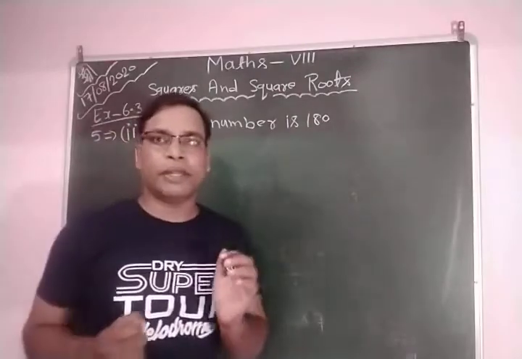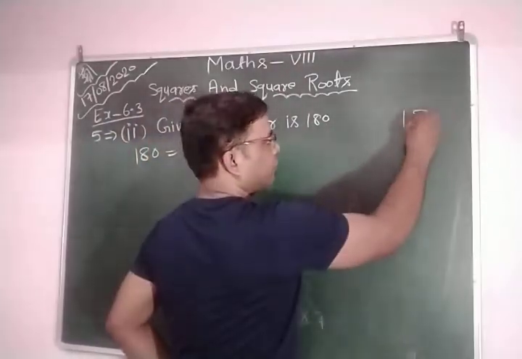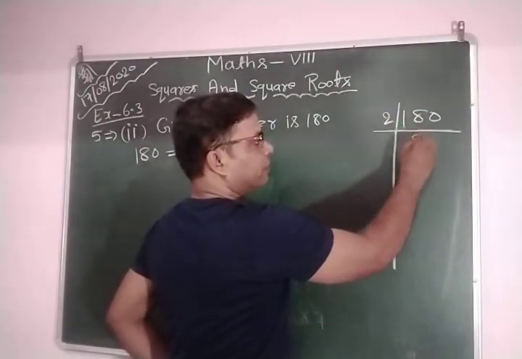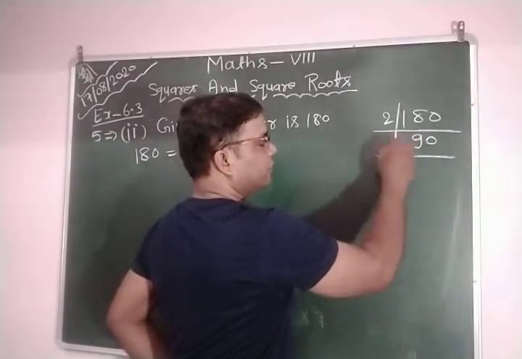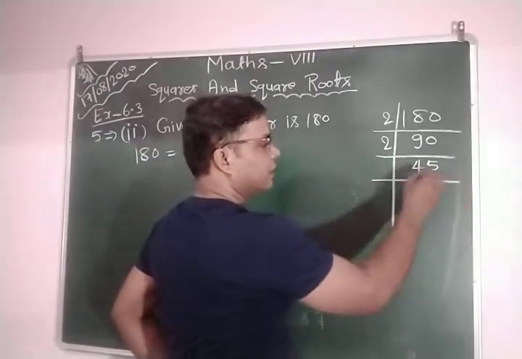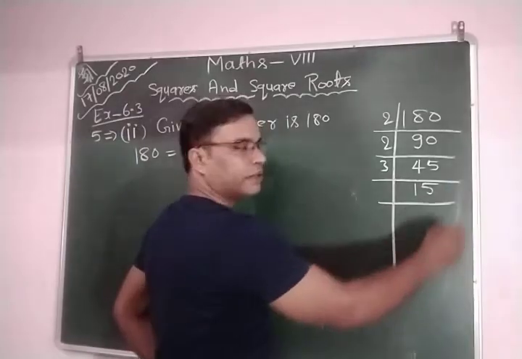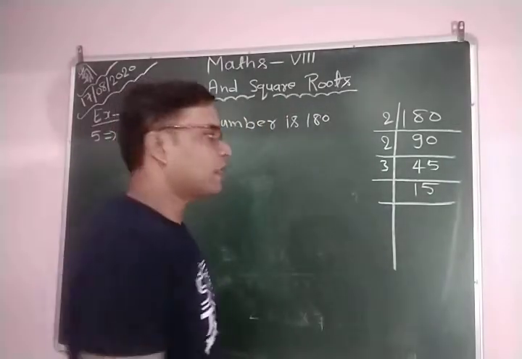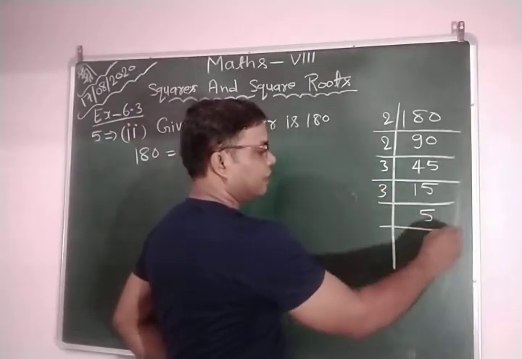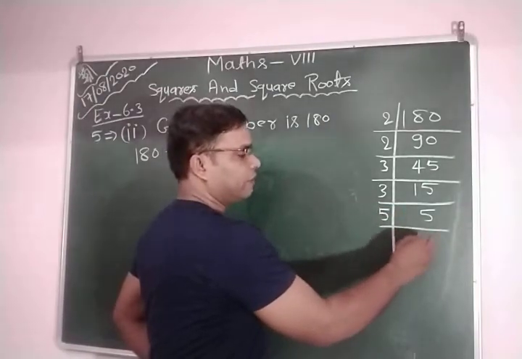First we find the prime factorization of 180. First we divide it by 2, we obtain 90. Again we divide it by 2, we obtain 45. Again this is divisible by 3, we obtain 15. Again 15 is also divisible by 3, then we obtain 5. And this is a prime number, so it is divisible only by 5.